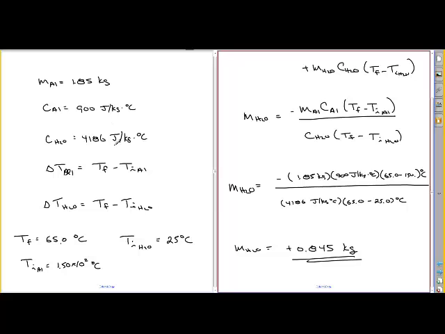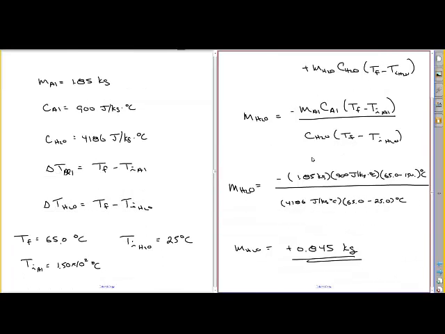The mass of the aluminum is lower, the temperature difference is bigger, so it's hard to directly know, but it's not like 300 kilograms or 0.00 kilograms, so it looks reasonable. And I just checked the answer, and it's correct.